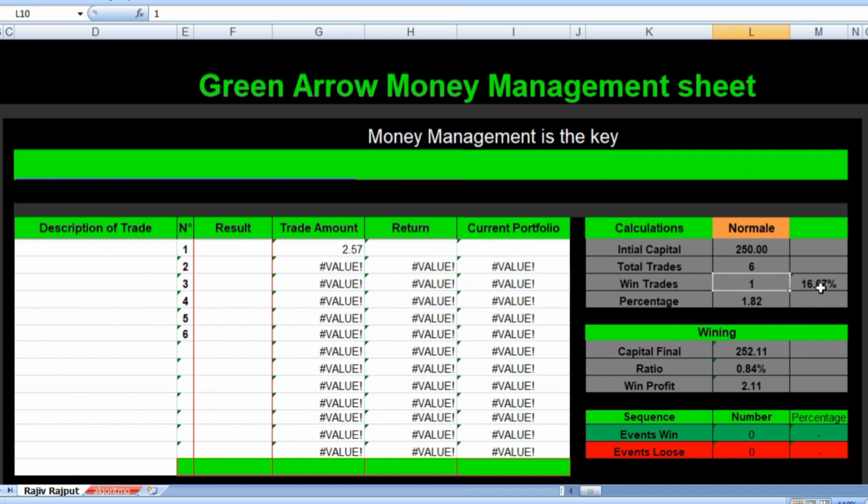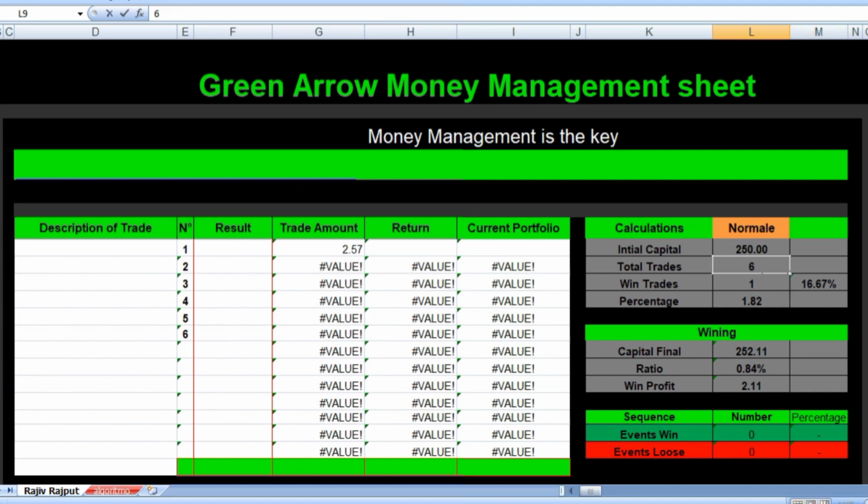Another box is here. This box will tell you the accuracy level according to your martingale step. Basically this is the minimum accuracy level that you have to sustain in order to make the profit, and if you maintain that accuracy level, then you will always be profitable according to the money management sheet.